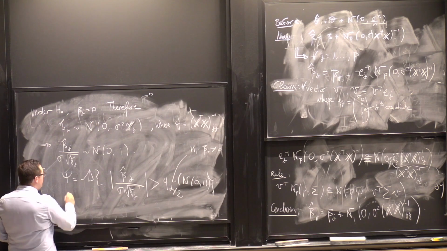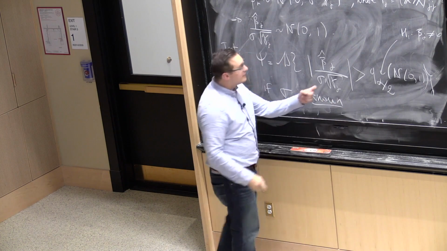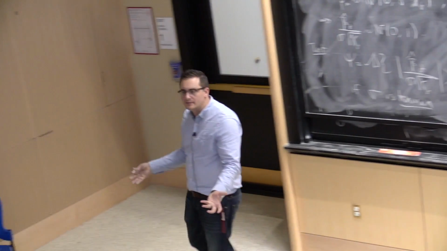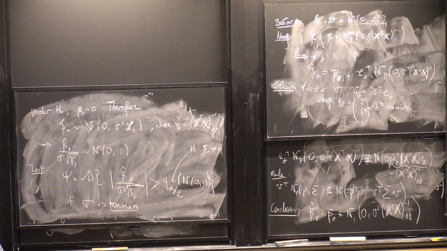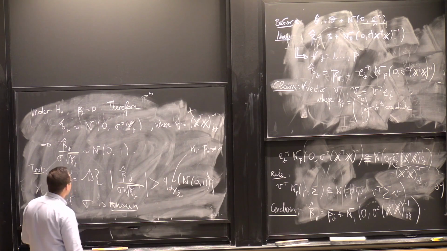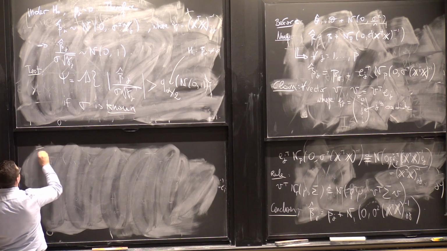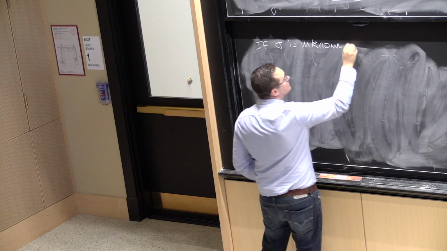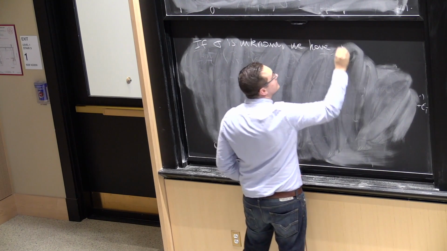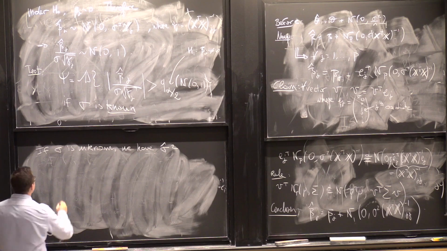So that works if sigma is known, because I need to know sigma to be able to build my test. If sigma is unknown, well, I can tell you use this test, but when you have to plug in some numbers, you're going to be stuck. But if sigma is unknown, we have sigma hat squared as an estimator.